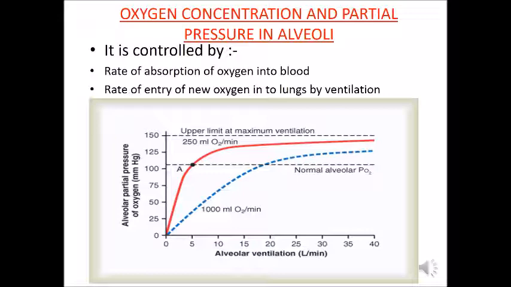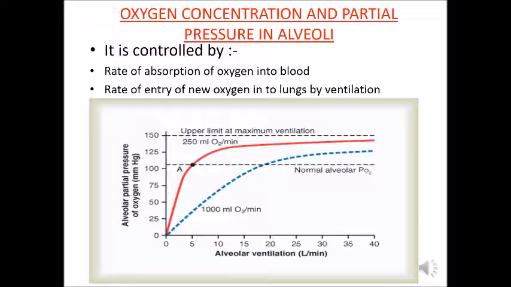Now what about the dotted blue line? This dotted blue line is actually showing various parameters during exercise. So you can see when a person does exercise, alveolar ventilation will increase and our alveolar PO2 will remain 104.